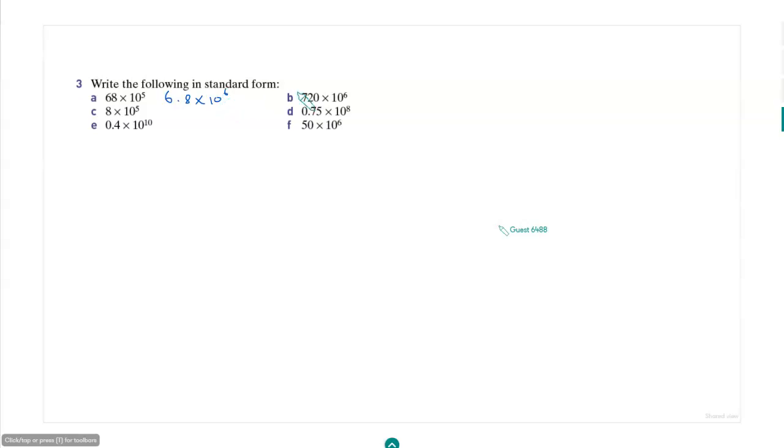Okay. 720 times 10 to the power 6. 7.2 times 10 to the power 9. Then, C is in standard form. Nothing to do with that.